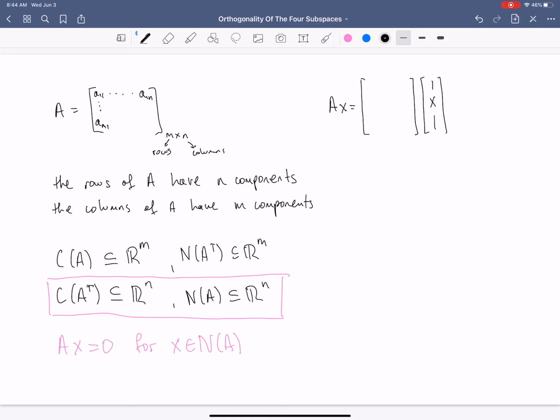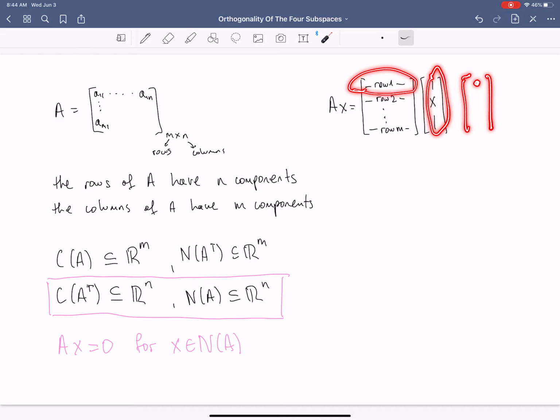And let's say A represented by its rows has row 1 here, row 2, and so on, up to row M. It has M rows. So we can find the result by taking the dot product of the first row with the vector x. This gives us a number, and that number will be the first component in the product. Then we will go to the second row dotted with the vector x, and that will be the second component.